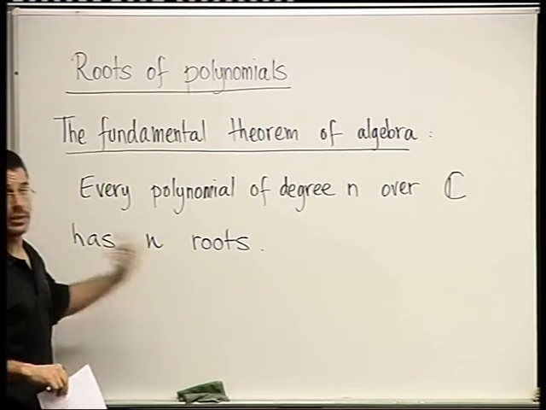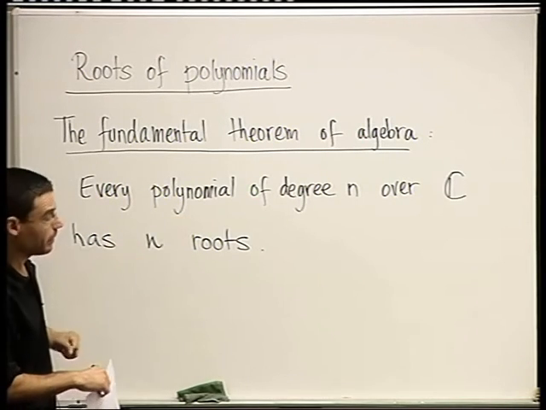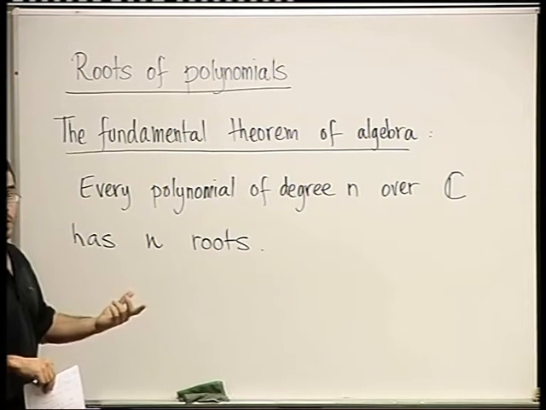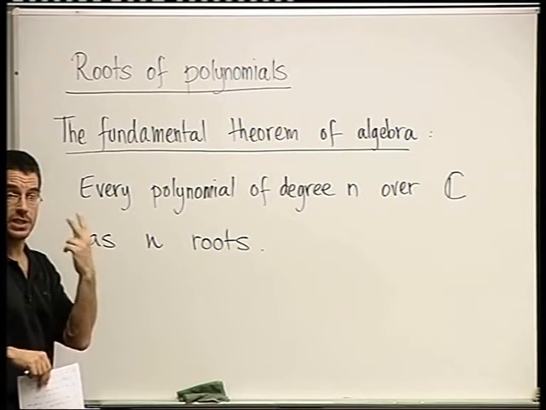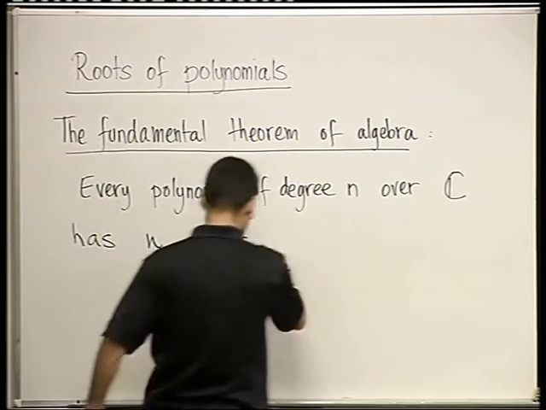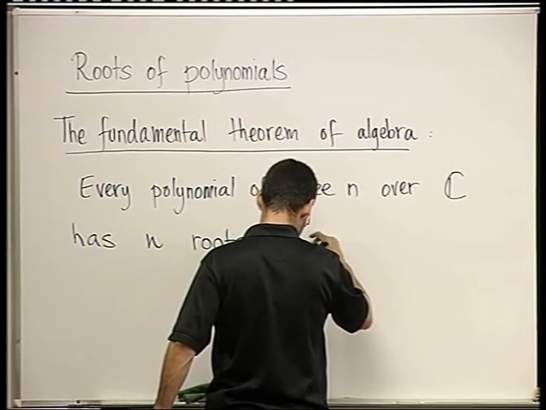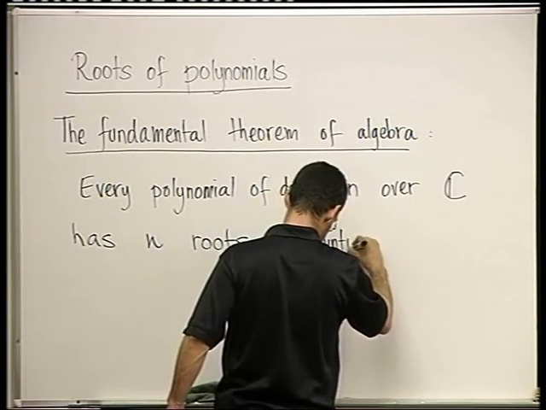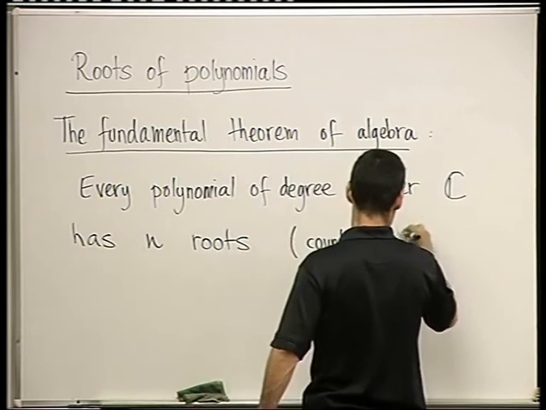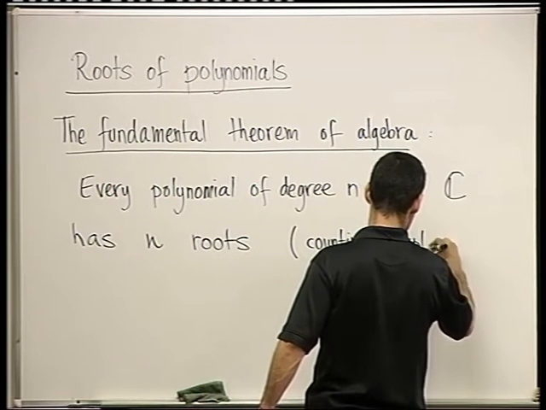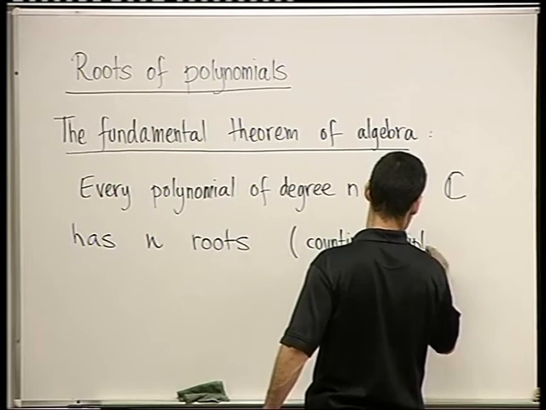They may be with multiplicity, like in the last example where the root was a single root but had multiplicity 2. So let's write here: counting multiplicity. So if a root has multiplicity 2, we consider it as 2 roots.